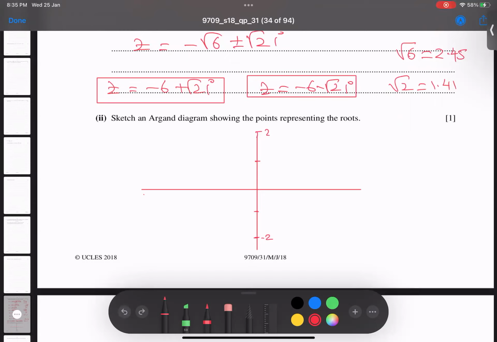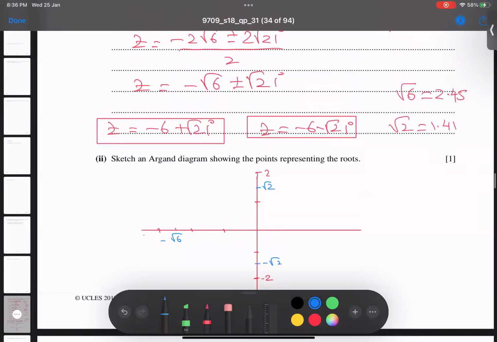So it is somewhere here, root 2, and here negative root 2. This is a sketch, so there is no need to draw it accurately. Let's talk about 2.45: 1, 2, 3, so 2.45 is somewhere here. I can show a point here, and I show here negative root 6.